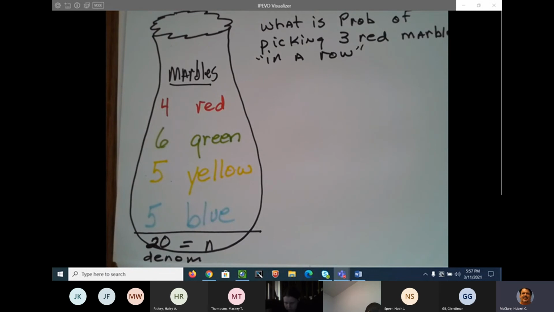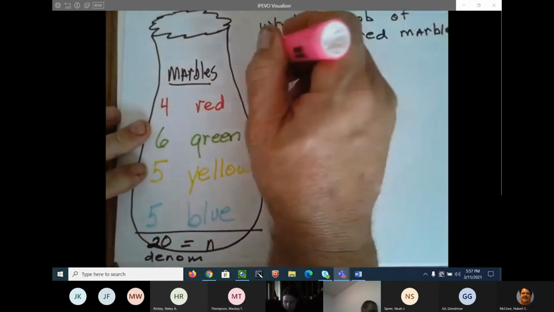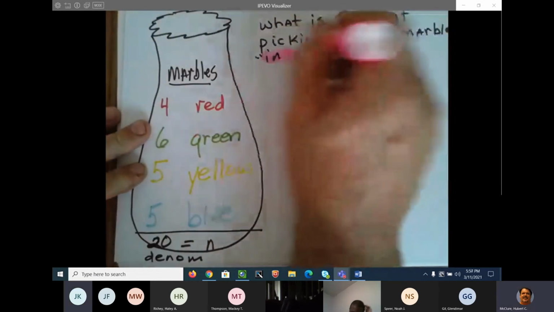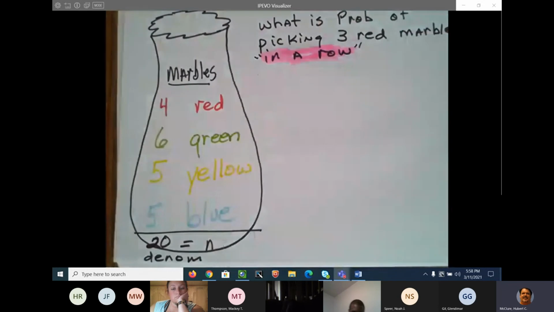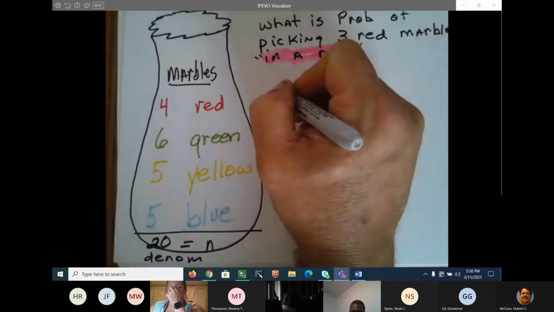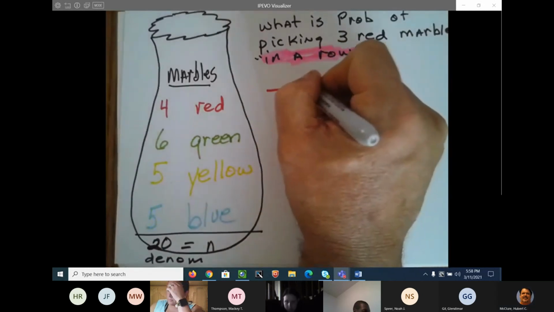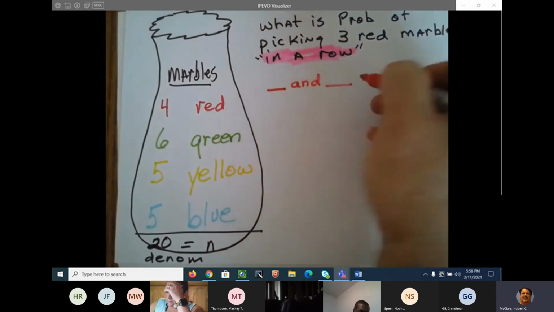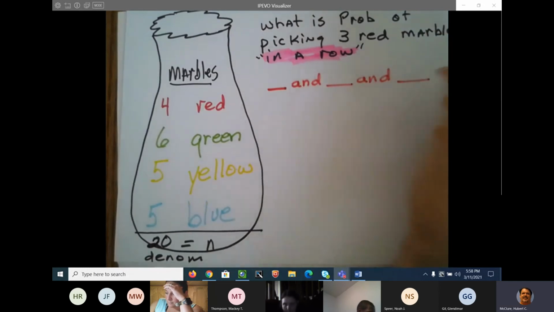I'm going to highlight it pink, because when you see in a row, that should be a red flag that goes up that says pick 1 and 2 and 3.